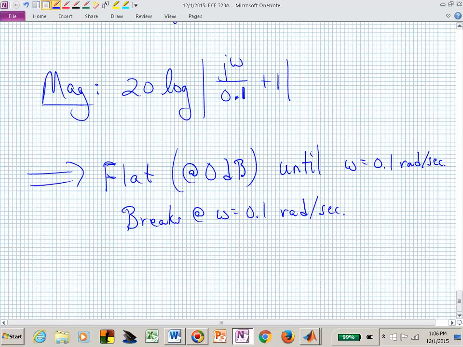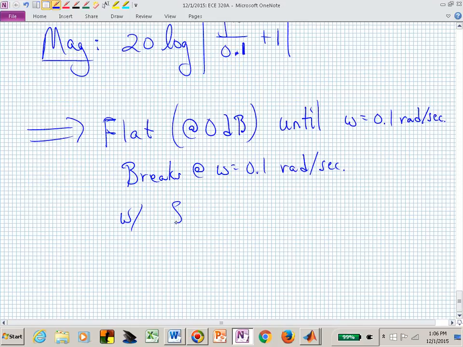Now it slopes, but since it's a zero factor, it's upstairs, it's sloping up. We talked last time about pole factors and they were sloping down. Now we have to realize that this is in the numerator. This now slopes, and it's just a single linear factor. It has a slope of plus 20 dB per decade.